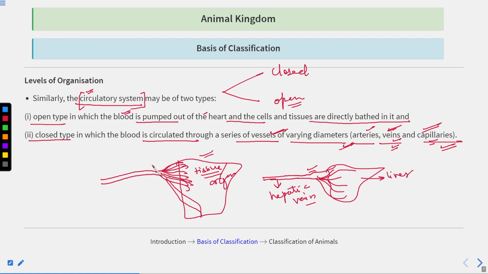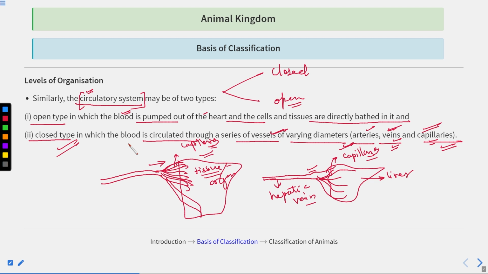So here it is giving out different branches, that is forming the capillaries. This is the capillaries, and here capillaries unite together to form a vein. So this we can see in the case of closed type of circulatory system.